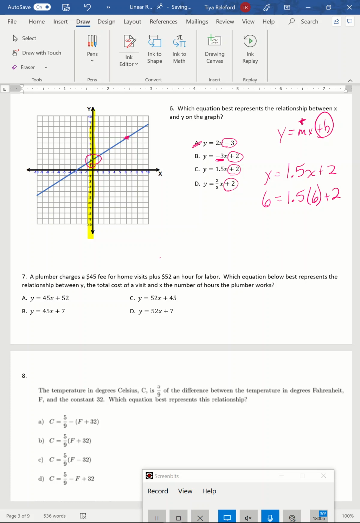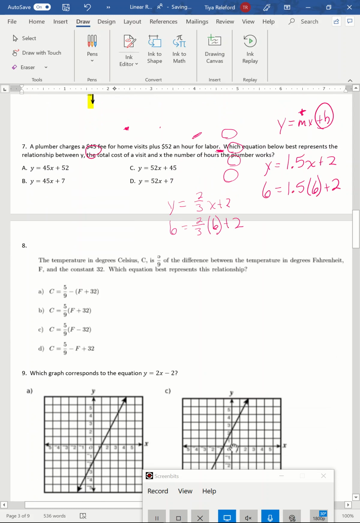See if that comes out right. Or when you check D, y and x are both 6. So whichever one gives you the right answer, or if you cross off all of them that are wrong, you'll know which one.